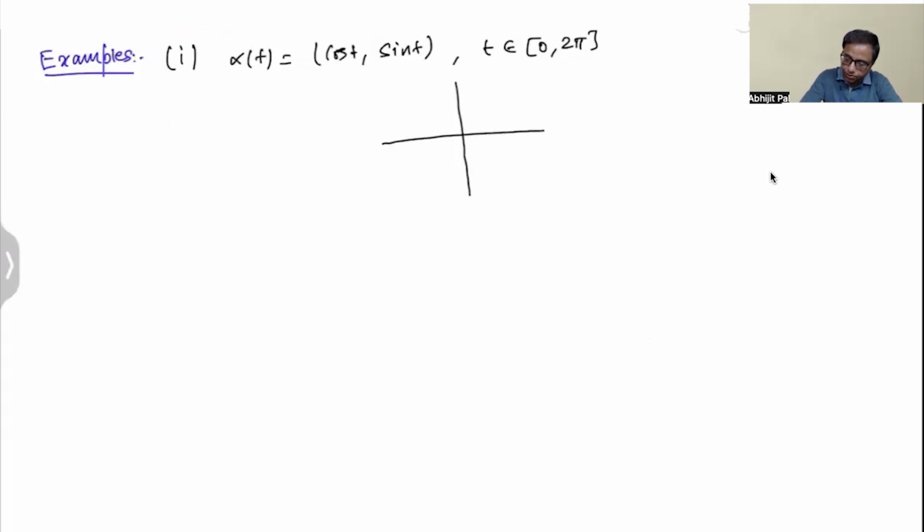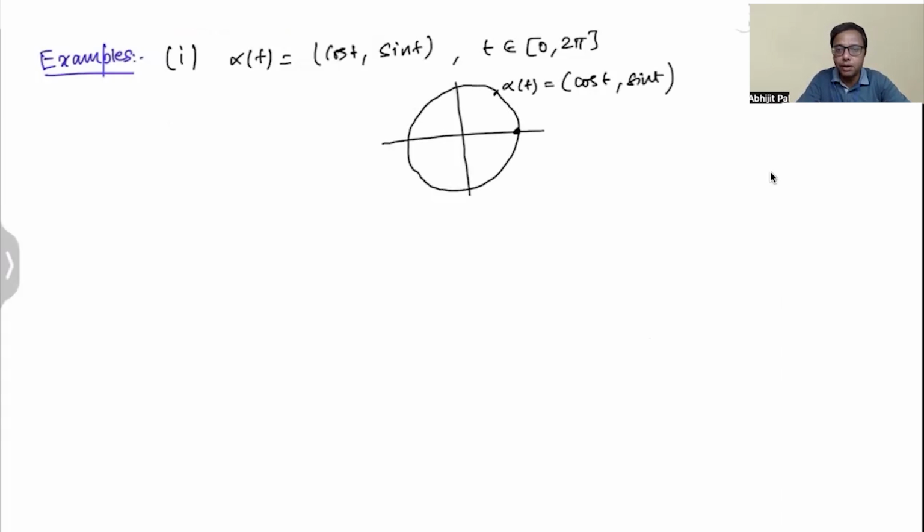If I take t equals 0, it starts from here. And if I take any t, alpha(t) is (cos t, sin t). So this image of alpha lies in R2. Therefore this alpha is a planar curve.